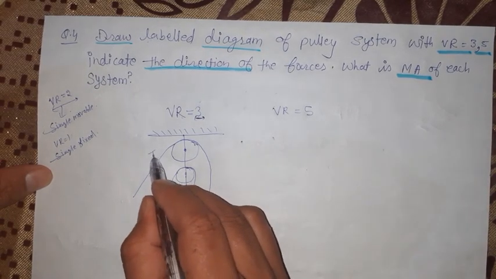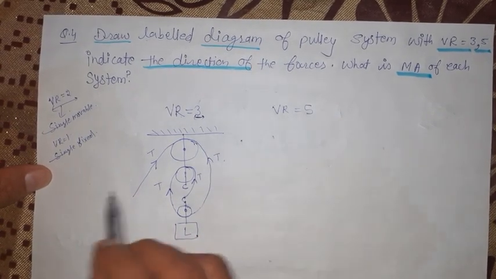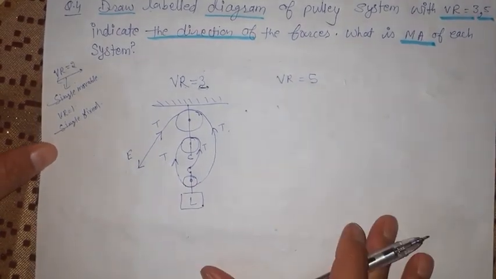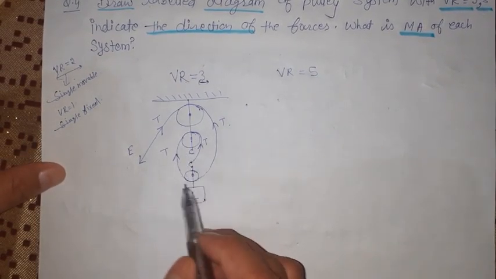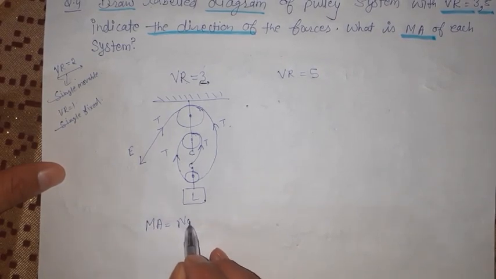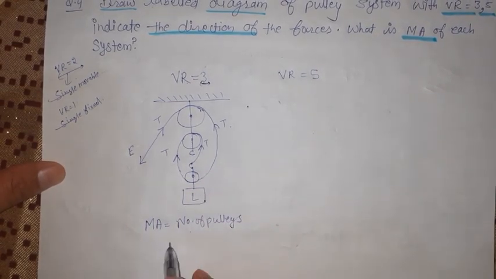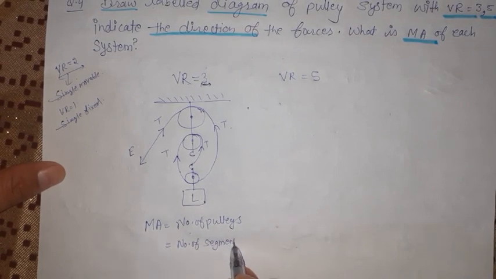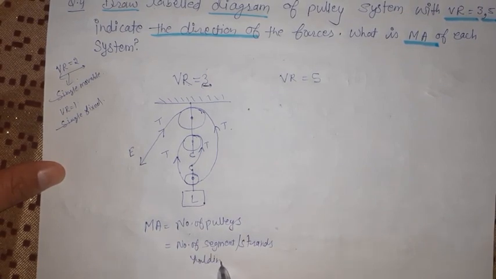So the tension developed is given upward. Here is the tension developed, and this effort is applied at this end. So this is velocity ratio equal to 3. If everything is weightless, meaning the pulley is weightless and the string is weightless, then the mechanical advantage is equal to the number of pulleys, or what is said to be the number of strands holding the rope.